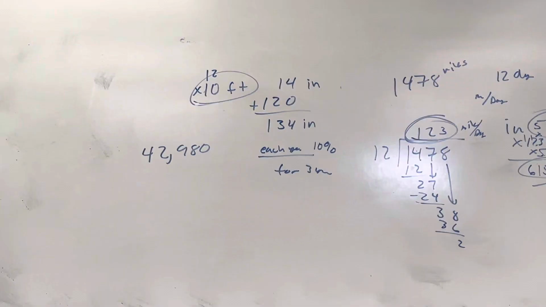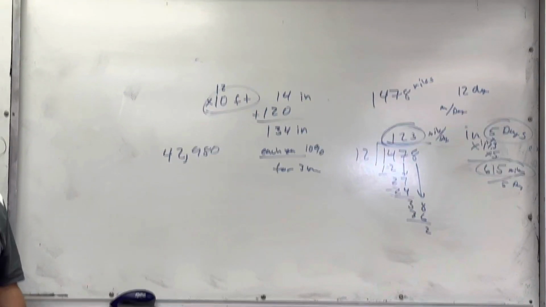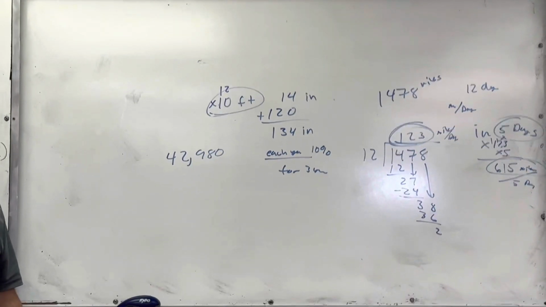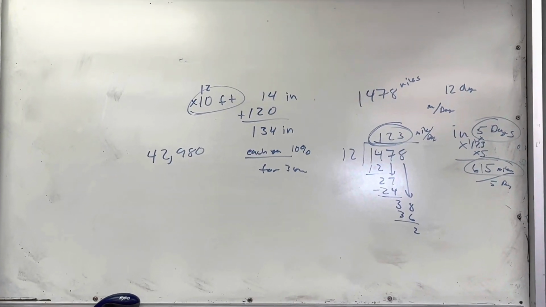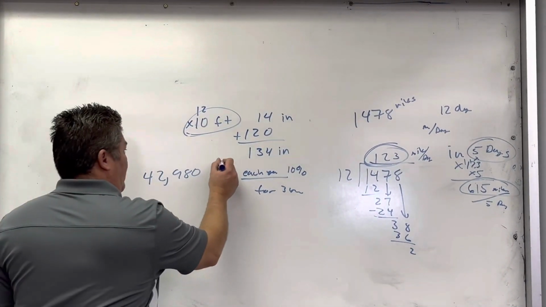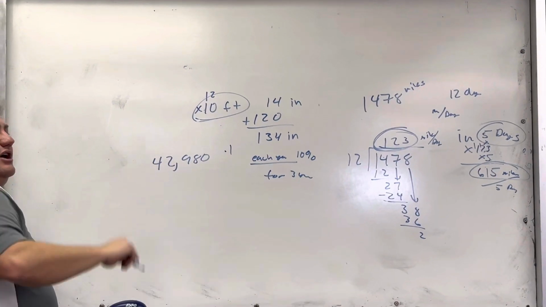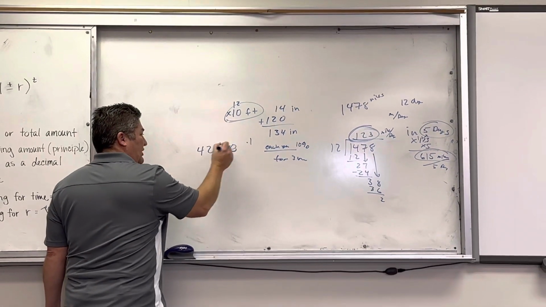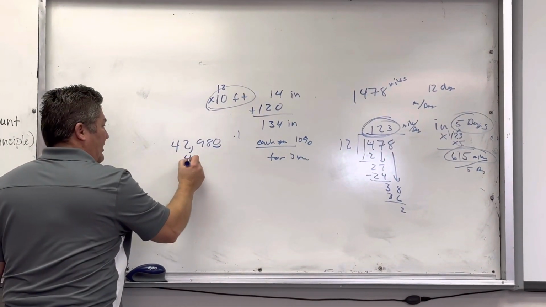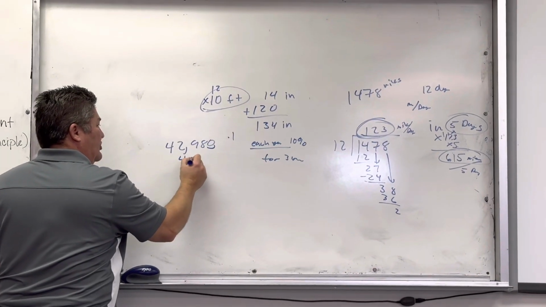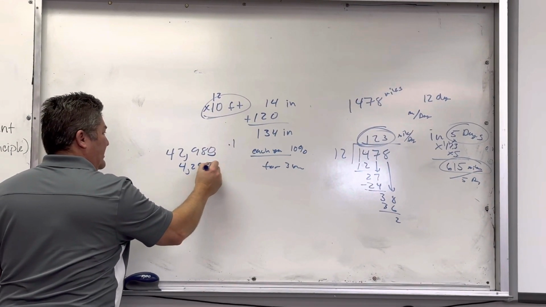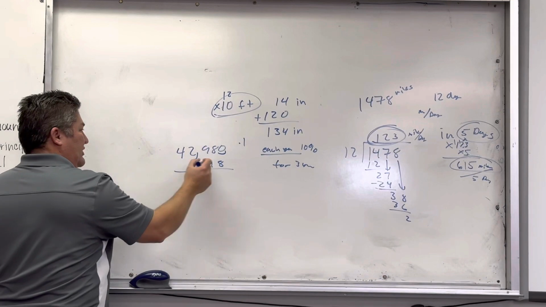Now doing 10% is super easy. How many decimal places do I move? 10% is 0.1. I'm only moving 1 decimal place to the left. So that means I'm going to earn in the next year $4,298 more. This is year 1.